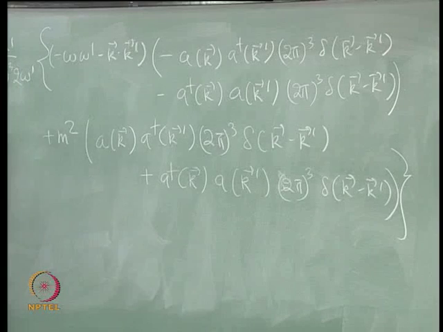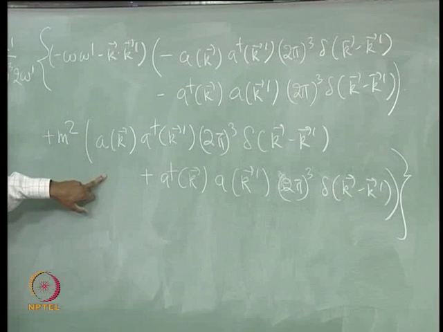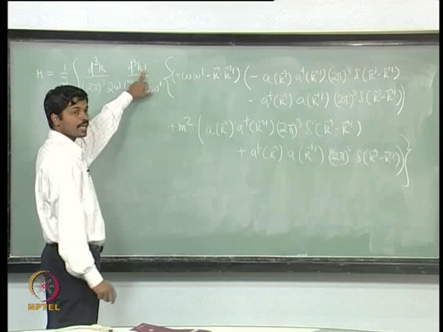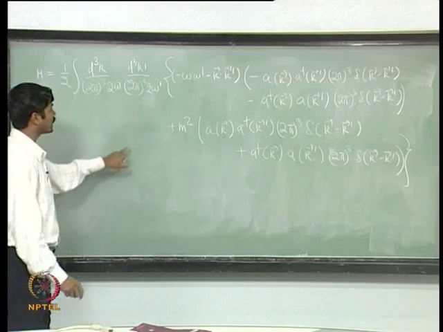Okay. So, I have just rewritten all the terms which survive. Now, we can simplify these terms by carrying out the k prime integration. So, let us carry out the k prime integration.